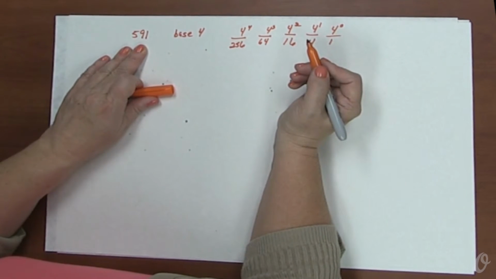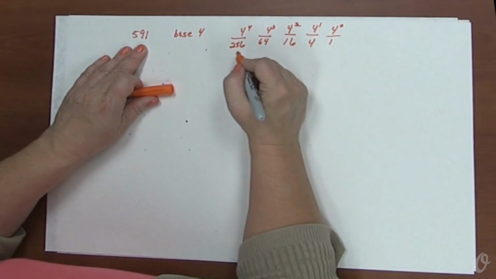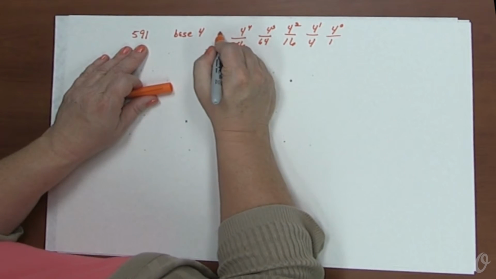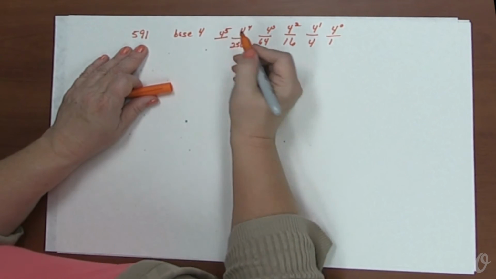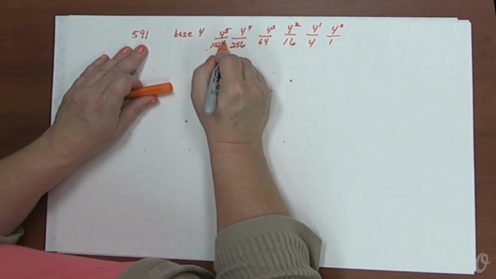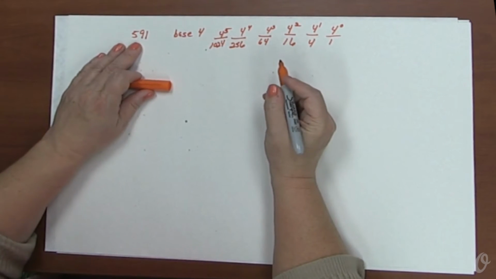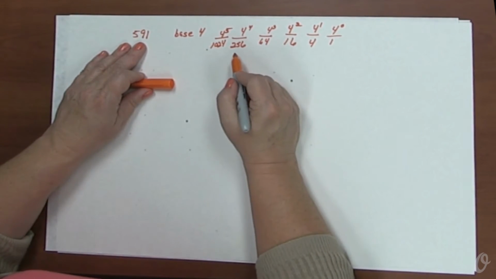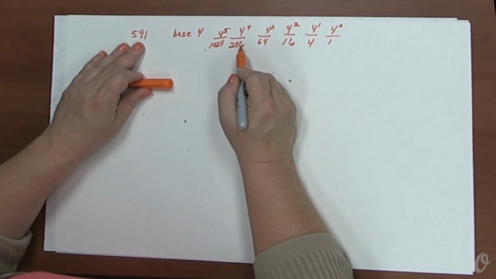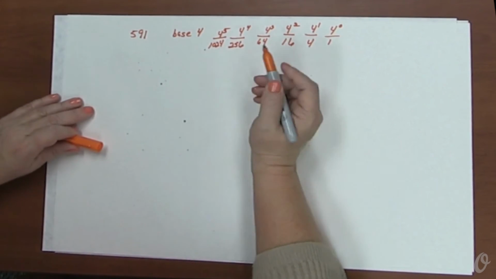I'm looking at my number, 591, and 4 to the fifth is 1024, so I know that 256 is the largest part that will go into that.